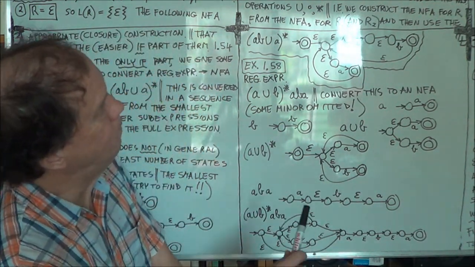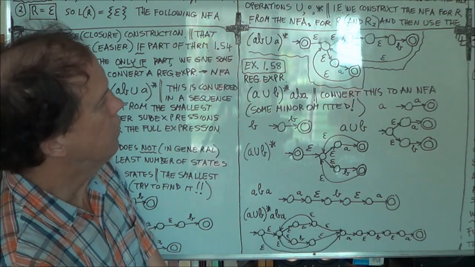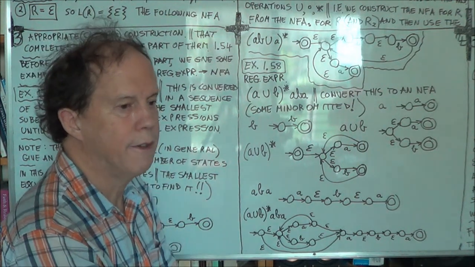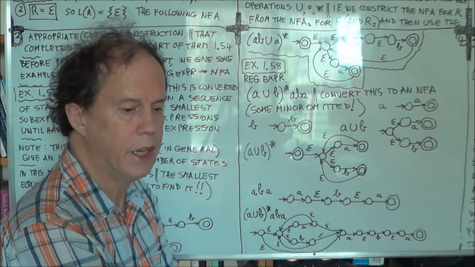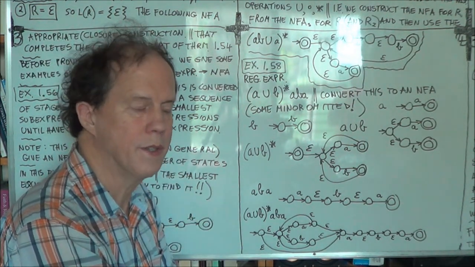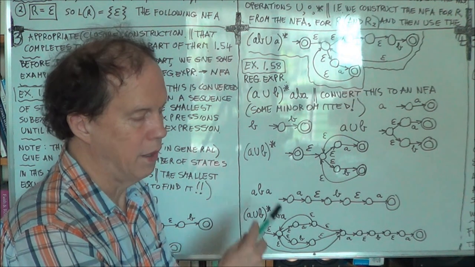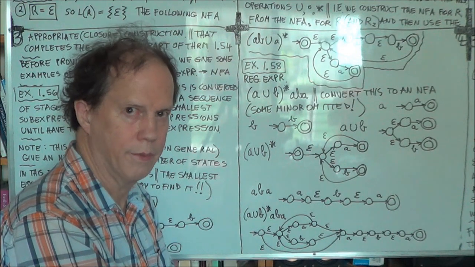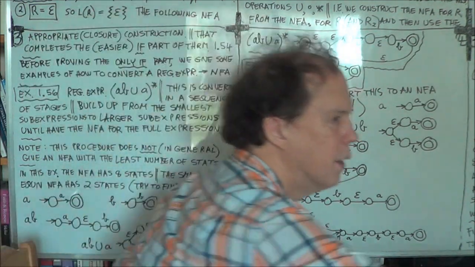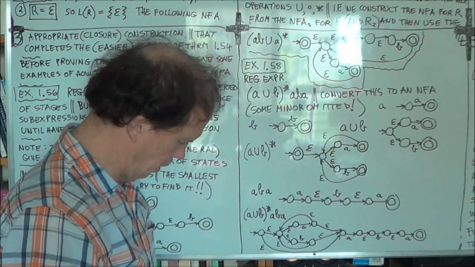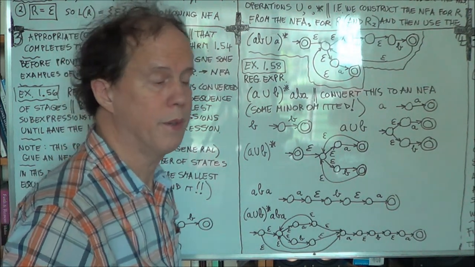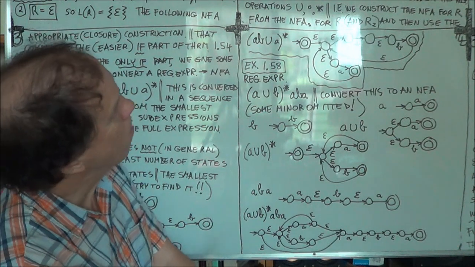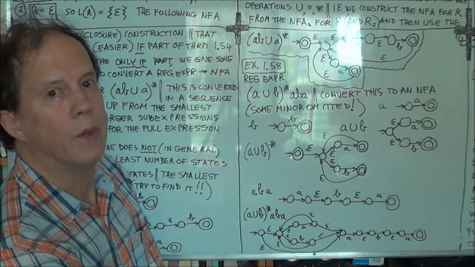Now, next session, we've given our two examples of finding the corresponding NFAs for regular expressions. They were examples of the if part of the proof of Theorem 1.54, which is an important theorem. Now, the next board, we'll go the other way.